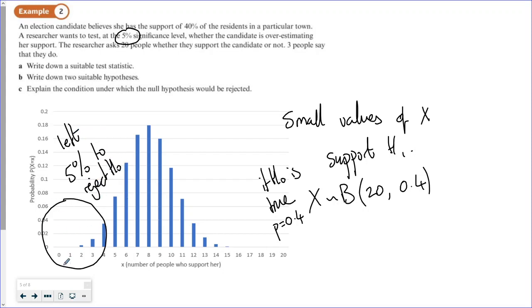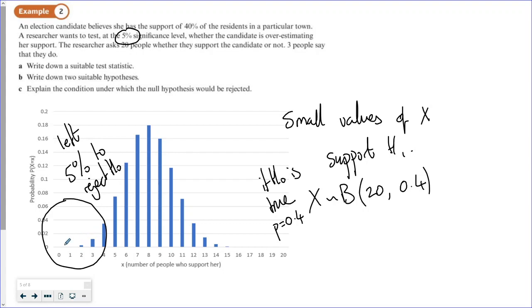Okay, so these values of X will be small enough if they're in the left 5%. By the left 5%, I mean the total probability in the distribution adds up to 1, so the bars within our rejection region here have to add up to 5%. Remember, the height of each bar, when I draw a diagram like this, represents the probability that a certain number of people support her in a sample of 20.